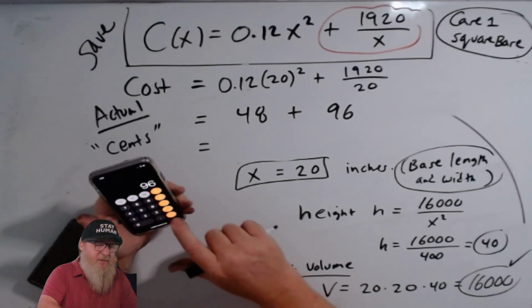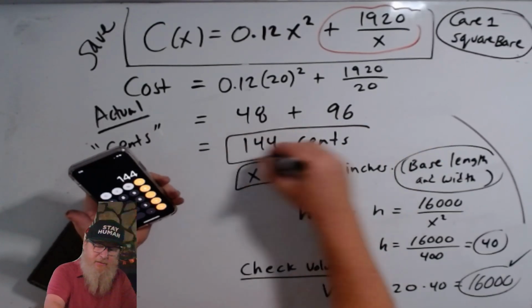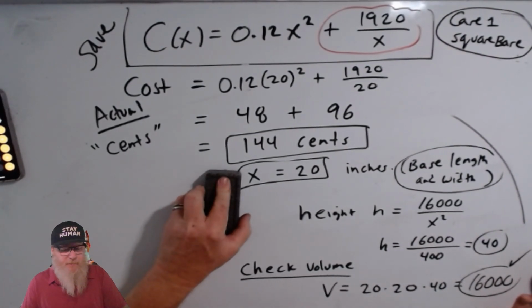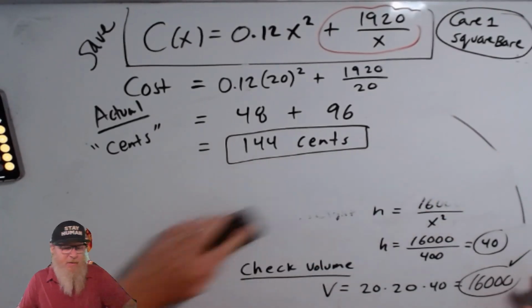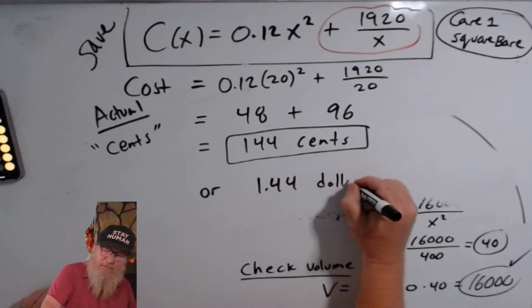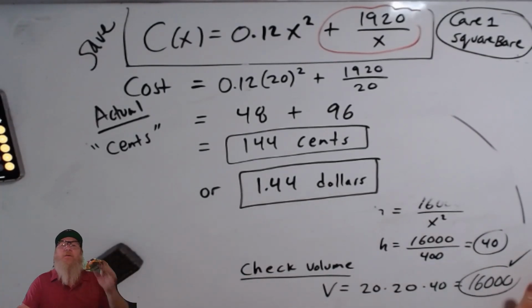So plus 48, 144 cents to build one box. Or you could say $1.44.